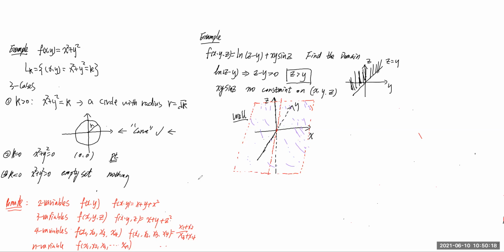Okay, one more example. Let's look at f(x, y, z) equals x squared plus y squared plus z squared. Let us consider the level set where x squared plus y squared plus z squared is k.